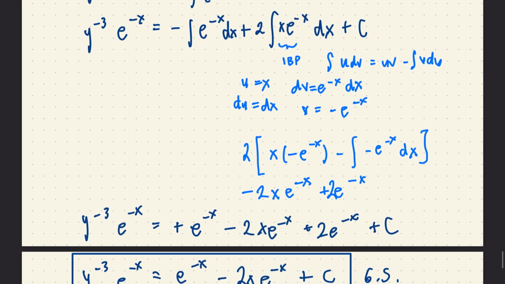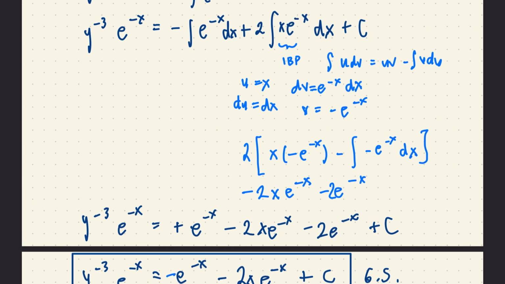And then here, pag in-integrate natin naman dun sa loob ng integration by parts, being positive, it will end up negative. So that will be negative 2e, and then this will be positive.